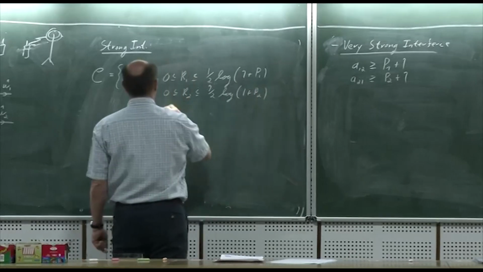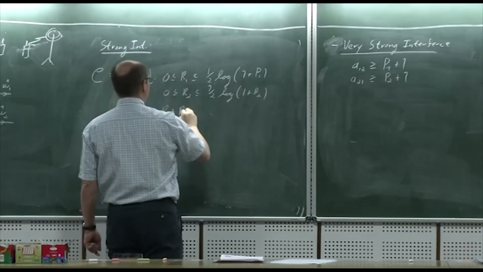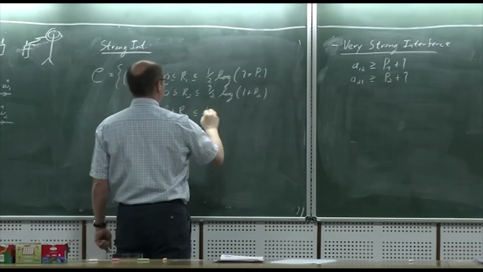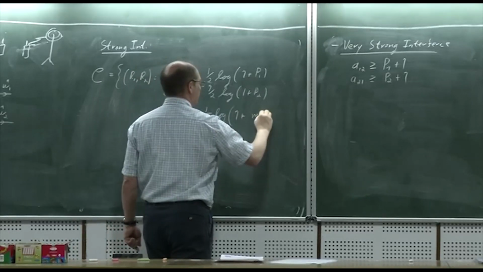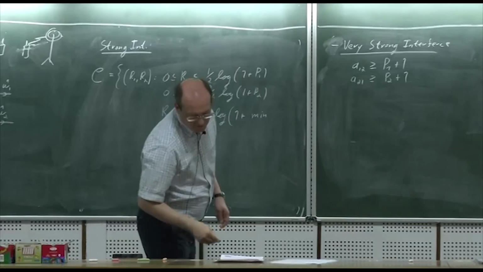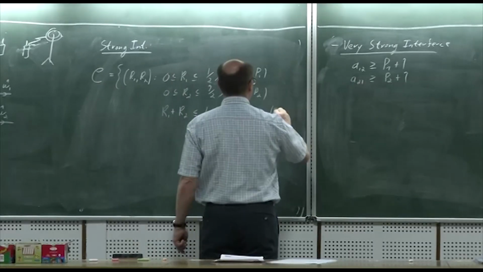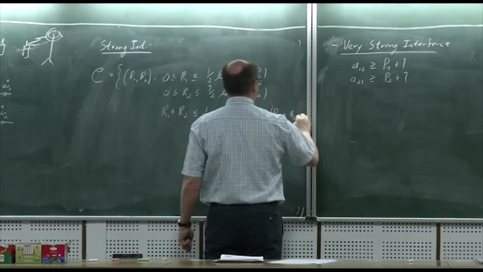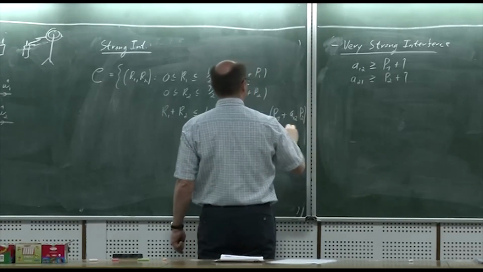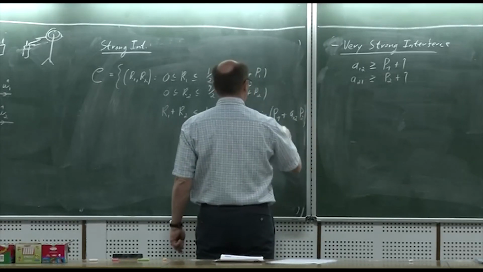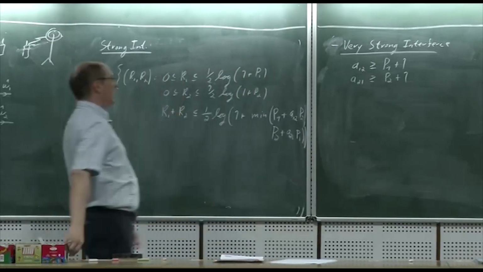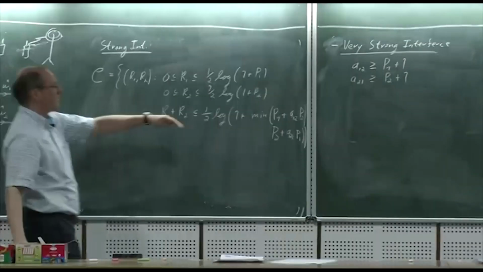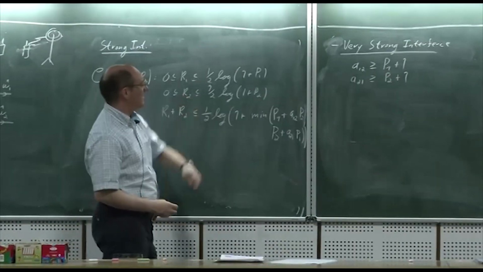And then due to the interference, we're getting a minimum. There are two bounds, which cause the intersection: 1/2 log of 1 plus the minimum of P1 plus A12 P2 and P2 plus A21 P1.